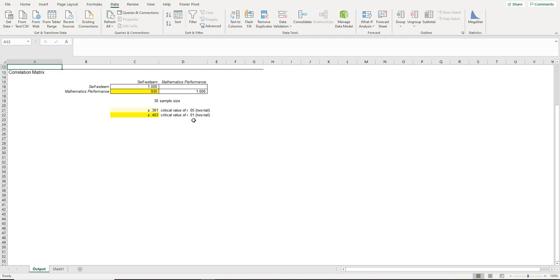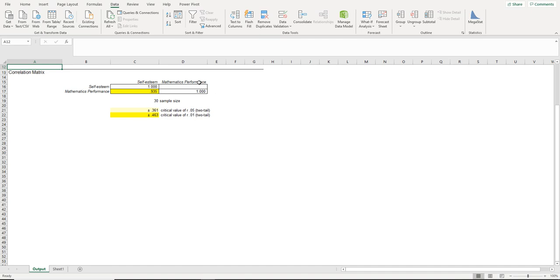If the cell in the correlation matrix has a light yellow highlight, that means it is significant at the alpha equals 0.05 level of significance.